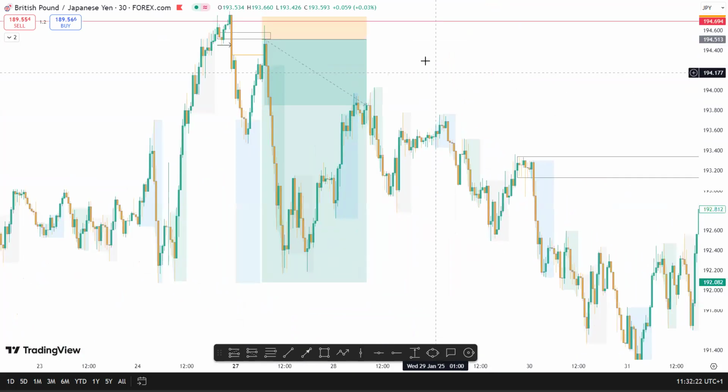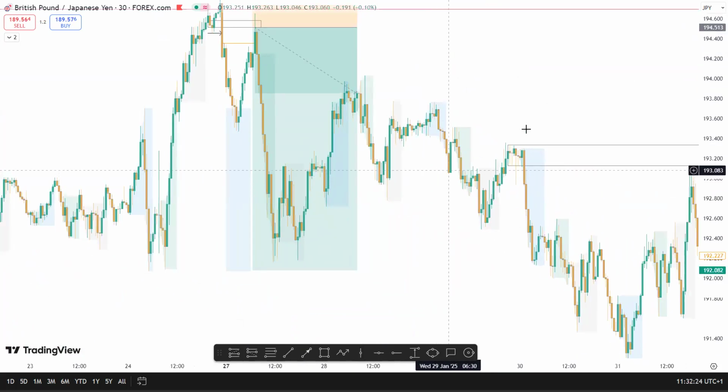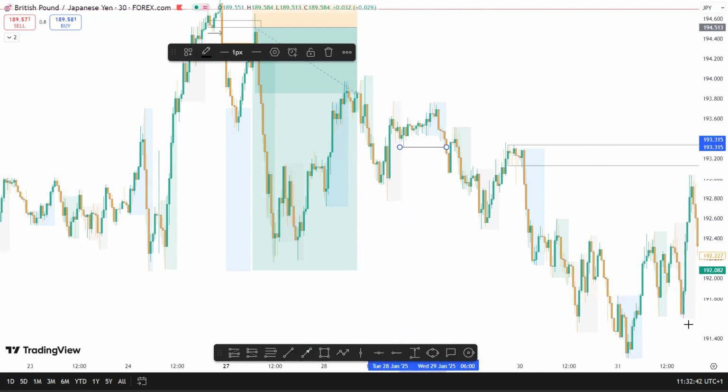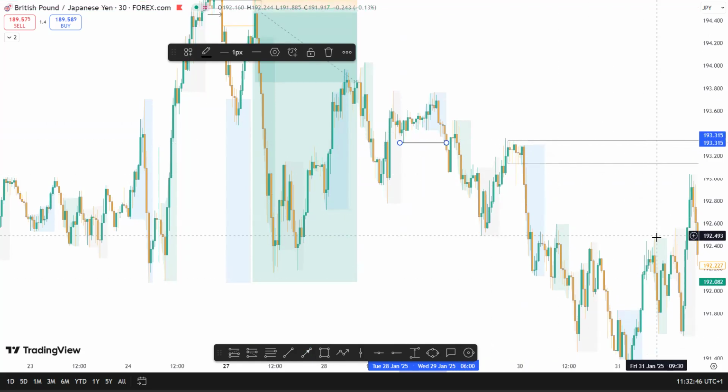This is another opportunity for me. All I am looking for at this point is just to see my setup in this particular sell direction.